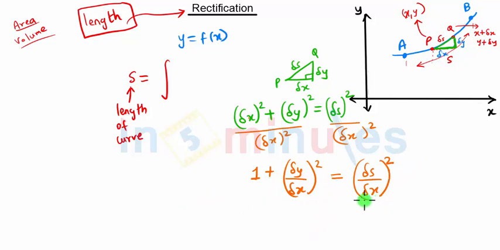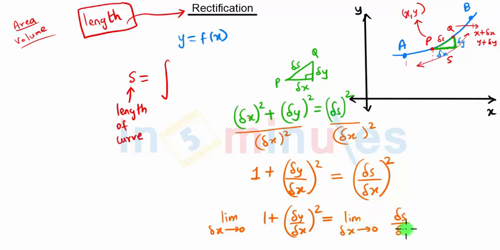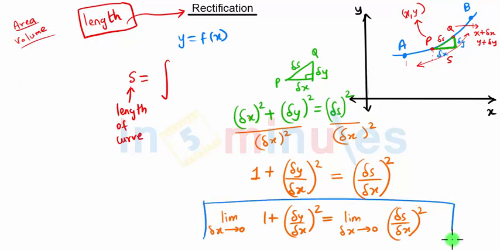Now we will apply the limits on both sides. Limit del x tends to 0, 1 plus del y upon del x the whole square equal to limit del x tends to 0, del s upon del x the whole square. This is nothing but the basic form of derivative.